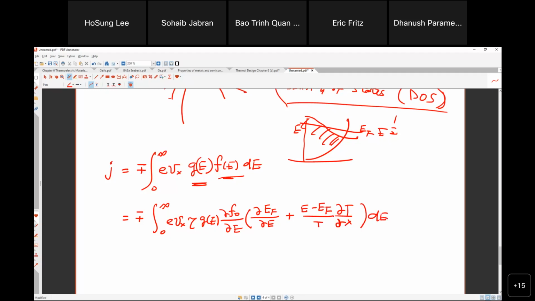And then I can also plug in the density of states. A little complicated, but the constant is put outside.